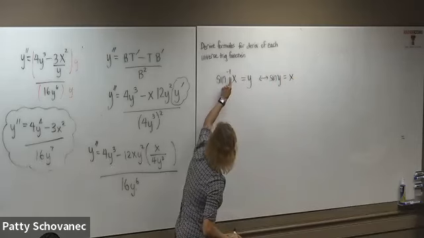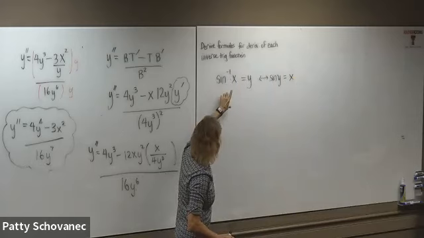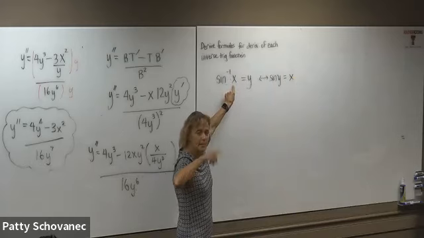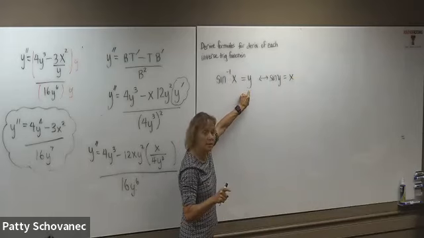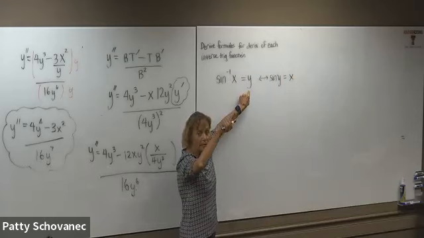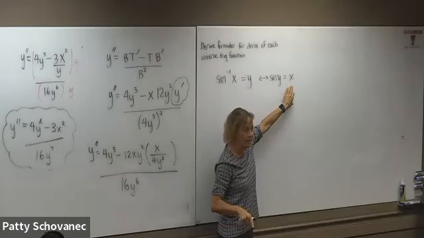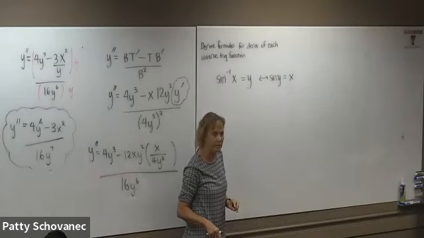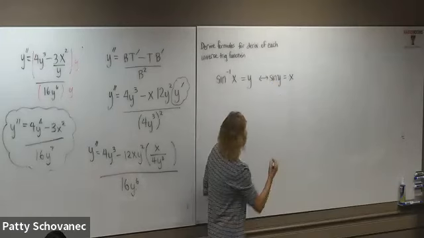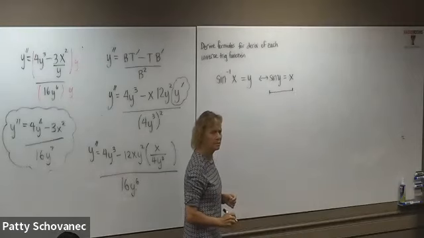So whether I use this inverse notation or arc sine notation, the arc sine of a number x, where x is a number between 1 and -1, is an angle between negative pi over 2 and pi over 2 that I take the sine of to get that number. I don't know how to take the derivative over here, but I do know how to take the derivative over there. So to get y prime, I start from here and take the derivative of both sides.